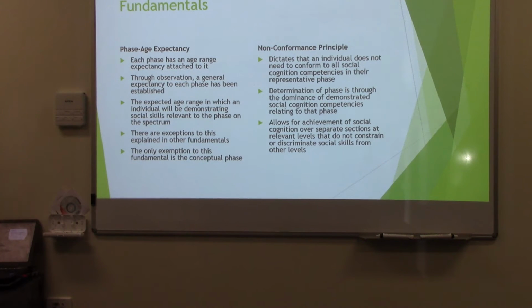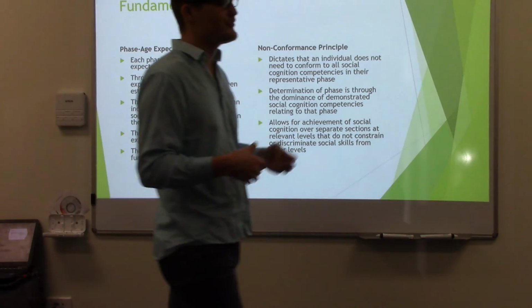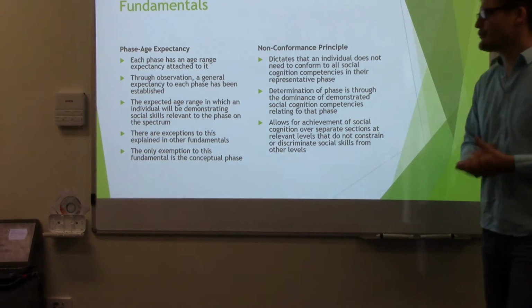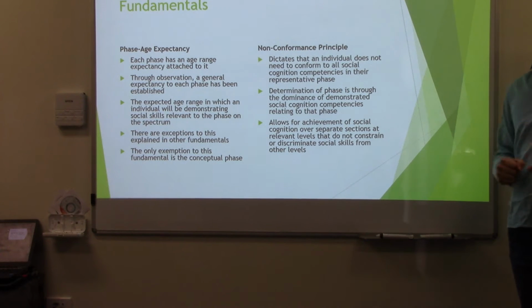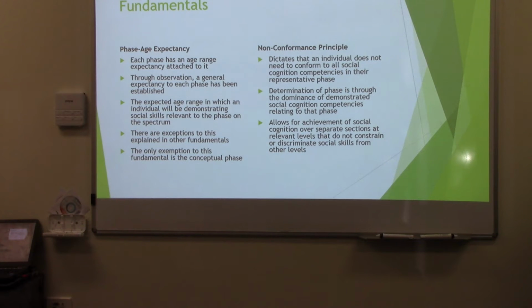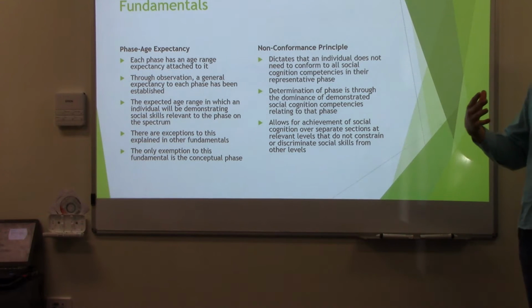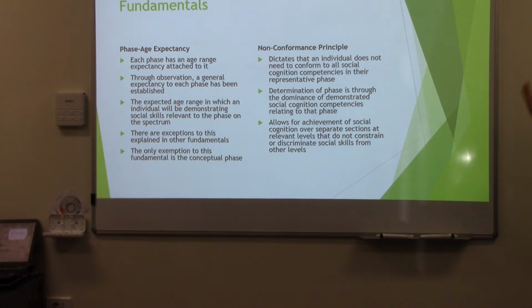Okay, so phase age expectancy. One of the many criticisms we see in developmental models, such as Piaget's, is that there's an expectation that the cognitive development will be achieved in a certain age bracket. What instead we've looked at here is we have labelled an expectancy rather than saying this is the age bracket that you will be achieving it in. And this is done through observations of how people have been interacting.